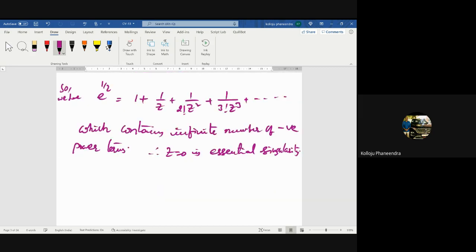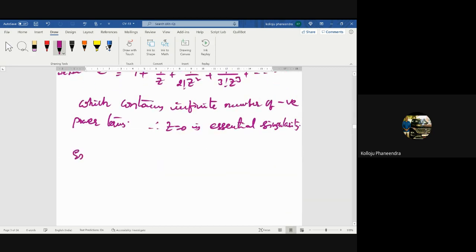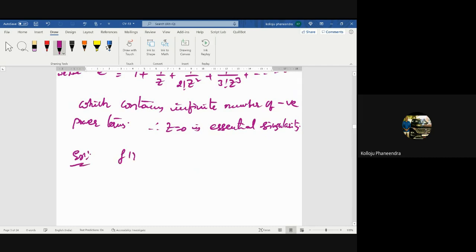Yesterday we did one more problem. Another example: f of z equal to 1 by (e power z minus 1), I think. Do you remember? Okay. What are the singular points? We have considered 2n pi, n belongs to Z. Let me take 0 first. z equal to 0 is the singularity, right?